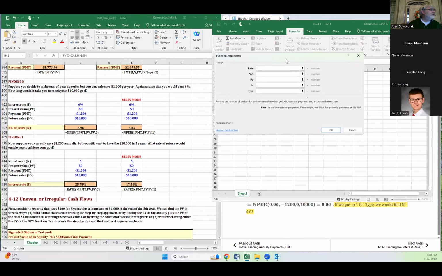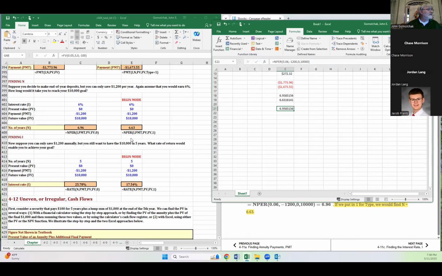Rate is still 6%, I'm assuming. Payment is going to be the 1,200, I guess. Present value is still 0. Future value, still want to get to 10,000. Type is going to be 0. So 6.96. Oh, that's years. 6.63. I guess I did the same thing twice here.